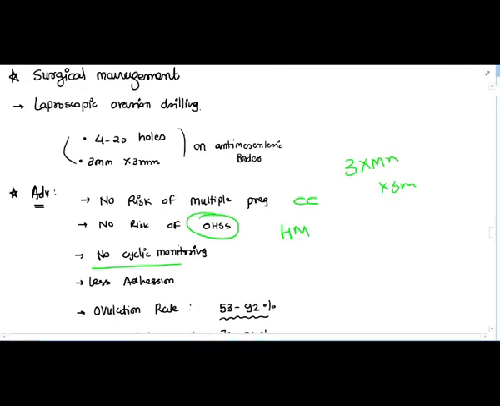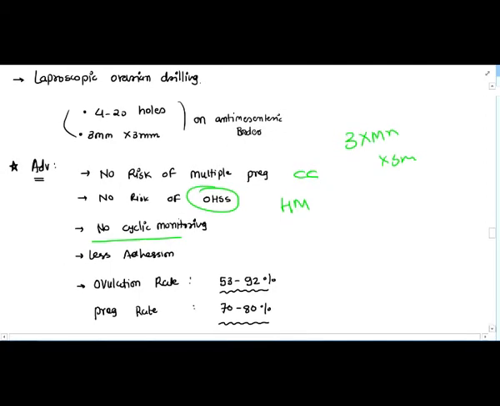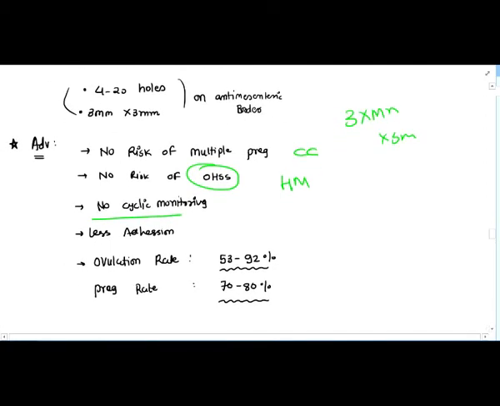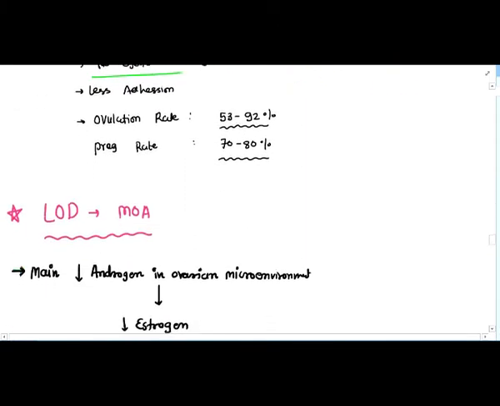The ovulation rate achieved by laparoscopic drilling is 53 to 92%, and the pregnancy rate is 70 to 80%, very comparable to clomiphene citrate, even more.